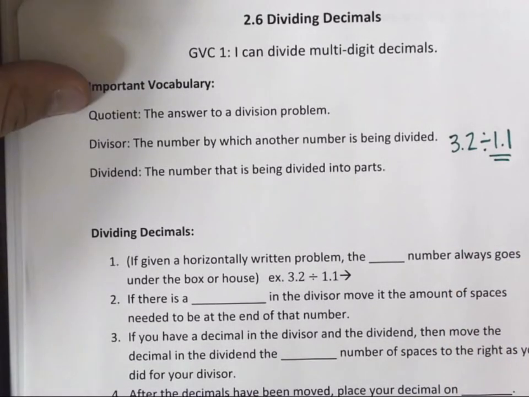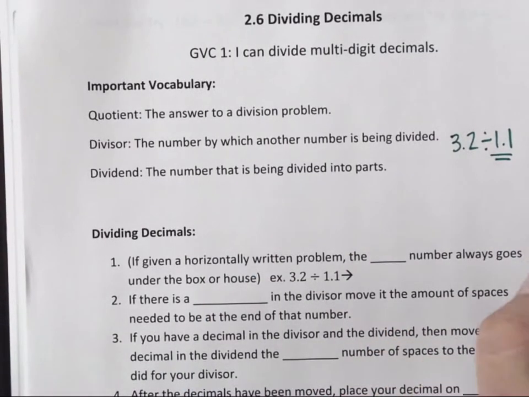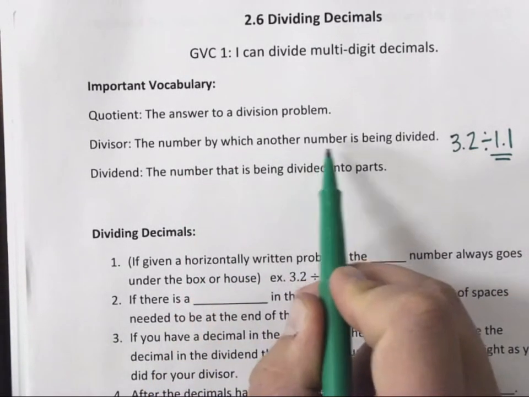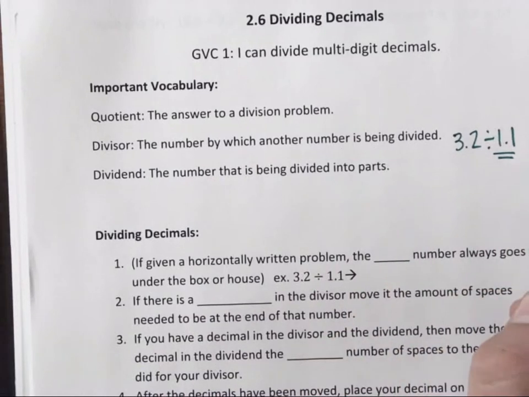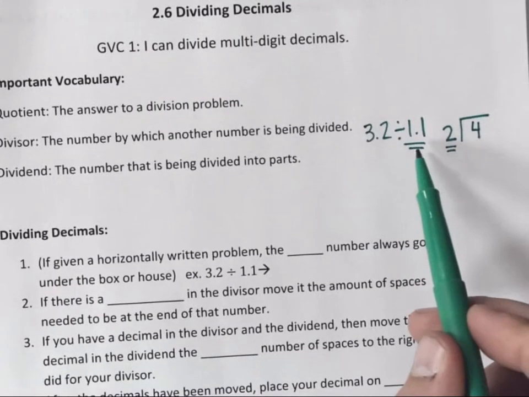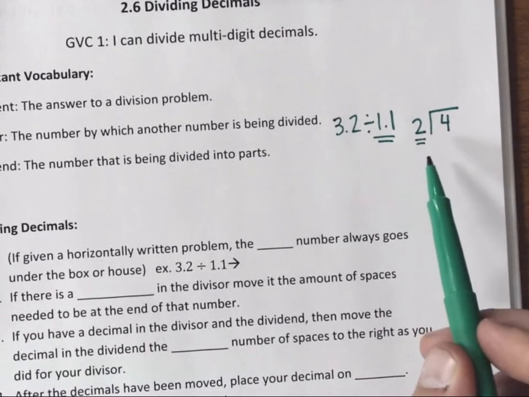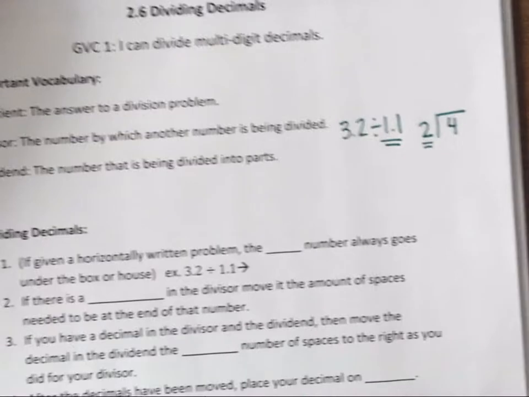Or if you have 4 divided by 2, the number that is outside of the house, the number by which another number is being divided, is the divisor. So it's either the second number or the number outside of the box or the house.